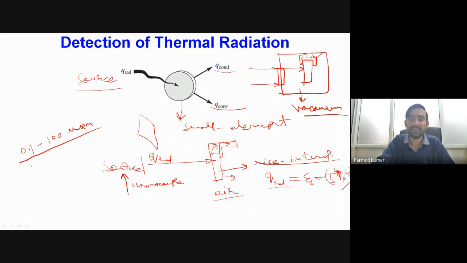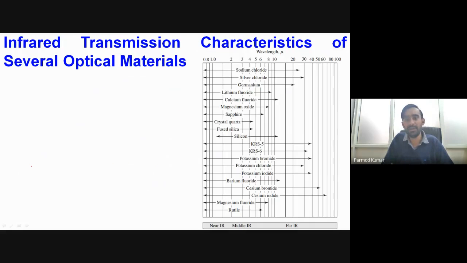So that's why in this next slide I have included a table, and this table tells the infrared transmission characteristics of several optical materials. You can see the wavelength we are considering is from 0.8 to 100 micrometers in the infrared region.